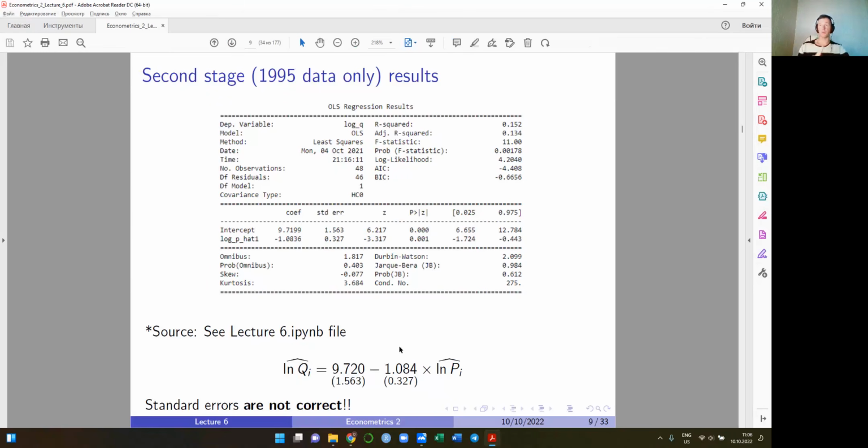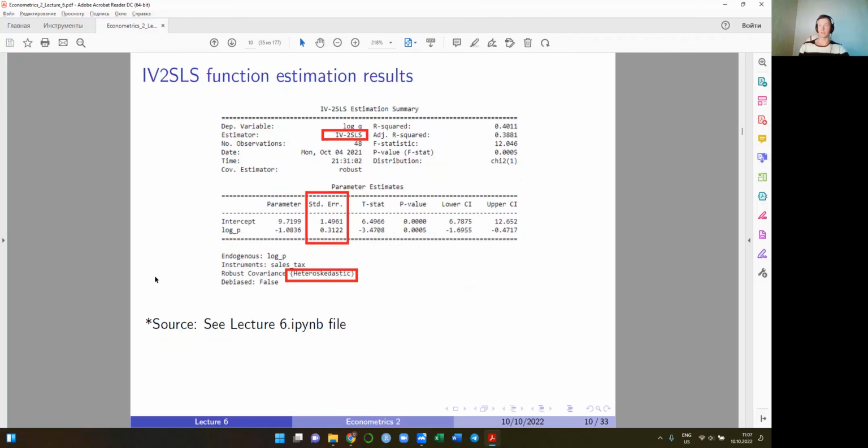Because we performed this two-stage approach, but on the second stage we still had the usual OLS, and the usual OLS is not able to produce correct standard errors. So in order to do this, and we will study this function in the exercise session, we need to apply another estimator which is called IV 2SLS.